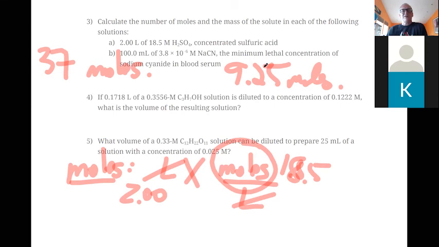I mean, 37 is correct, but it's not the right answer to present as your final answer. What should your final answer be? 37.0. Exactly. You need 3 significant digits. There's 3 significant digits in the volume, and 3 significant digits in the concentration. So your answer has to have 3 significant digits in it, so that has to have a 0. Because if I was grading it, I would be a mean guy and take off a point for sig figs.